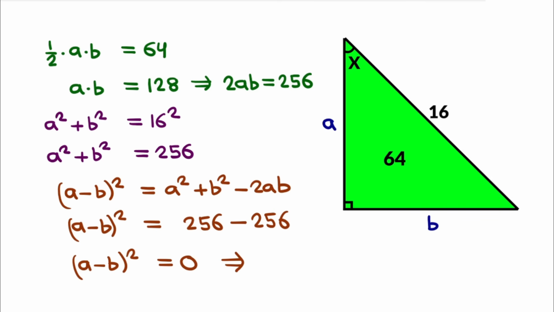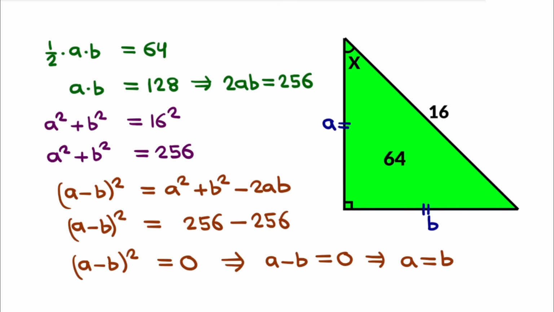And if the square of a number is 0, the number itself must be 0. So, A minus B equals 0, which means A equals B. That's a beautiful result. The height and the base have exactly the same length.